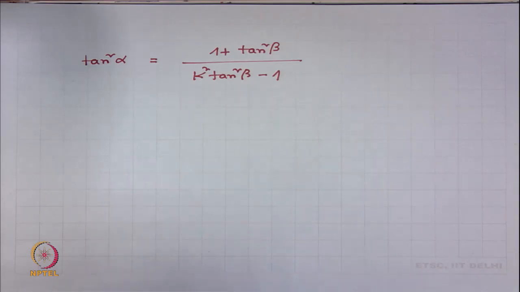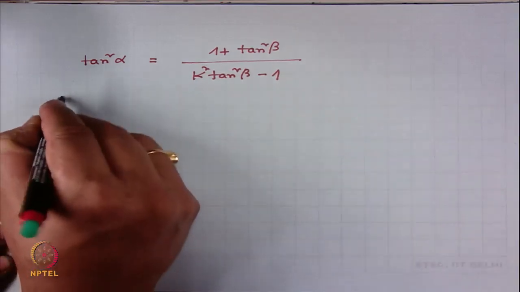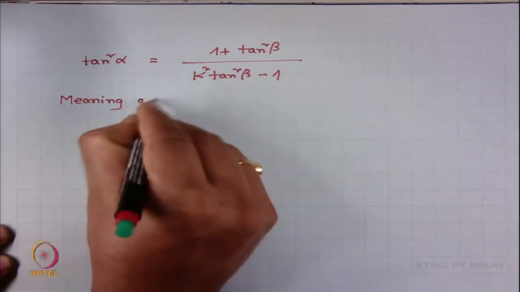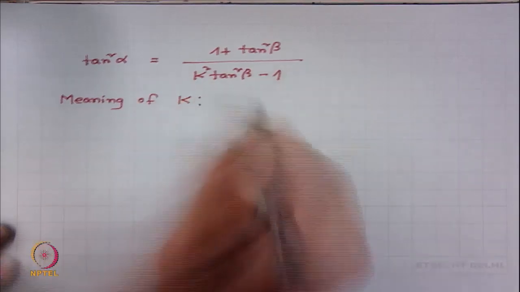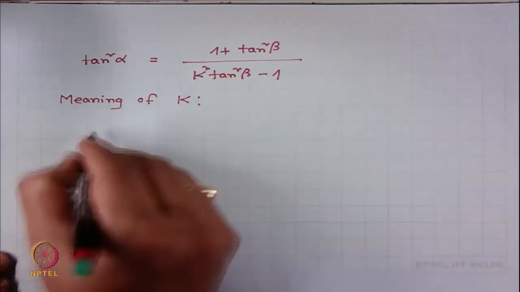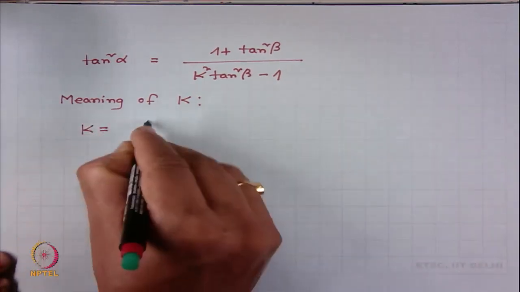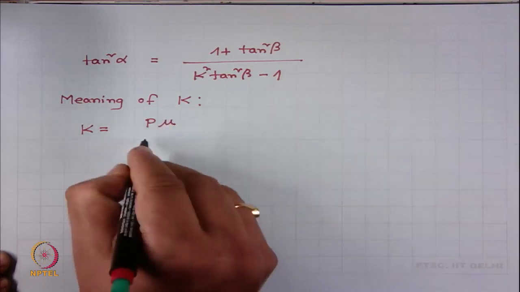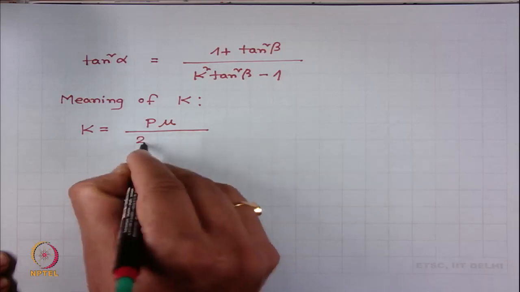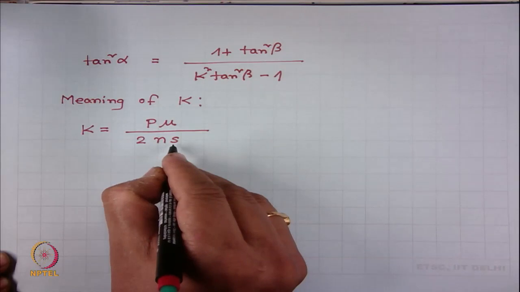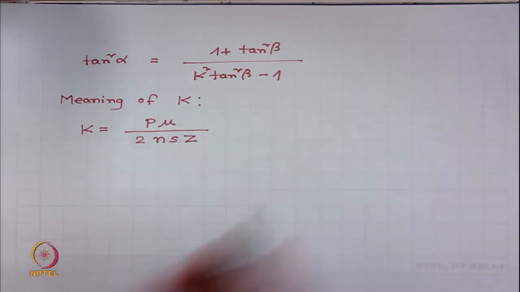Now we will discuss about K. What is the meaning of K? We would like to know more about this K. K was equal to P, period of migration, multiplied by packing density, 2 times n, number of fibers in yarn cross section, S is the cross sectional area of a fiber, Z is twist, which is constant.